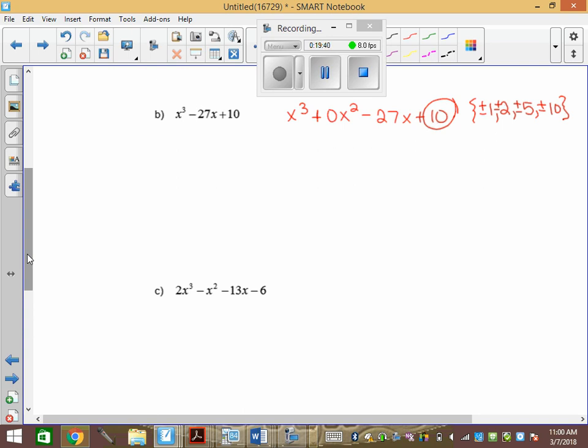When y equals 0. Or we could test 1, negative 1, 2, negative 2, 5, negative 5, and 10, negative 10, and see which one gets me a remainder of 0. These are all options. So you can use your calculator, or you could check doing remainder theorem. You only need that 0x squared for your synthetic division, not for your calculator.